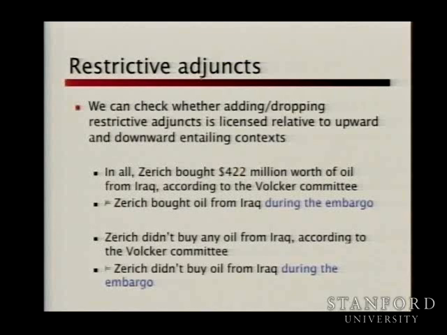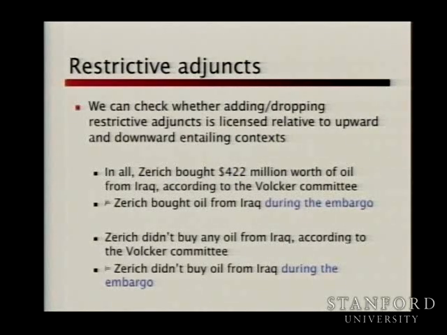But it turns out that if you're in a negative context, like "didn't buy oil", things work the opposite way, and these are what are then referred to as downward entailing contexts. So if you have the sentence, Zarek didn't buy any oil from Iraq according to the Volcker Committee, then you are entitled to conclude Zarek didn't buy oil from Iraq during the embargo.